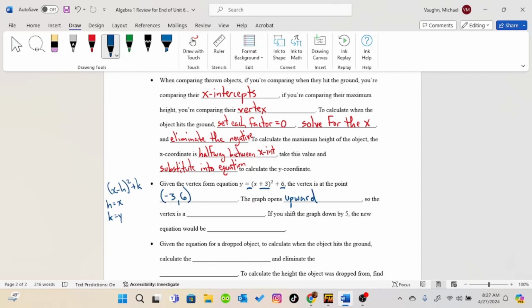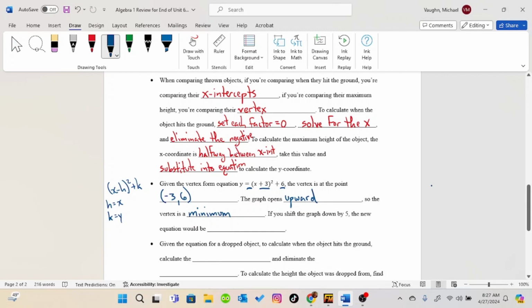Since the graph opens upward, the vertex is a minimum. If the graph opens upward, that means the vertex is at the bottom of the U, so it is a minimum.